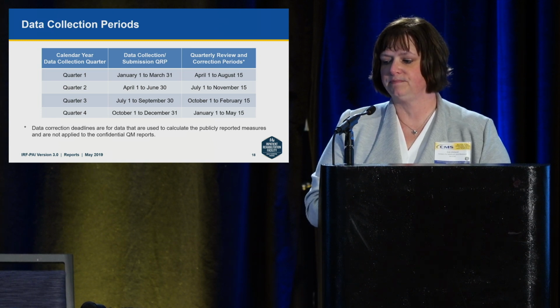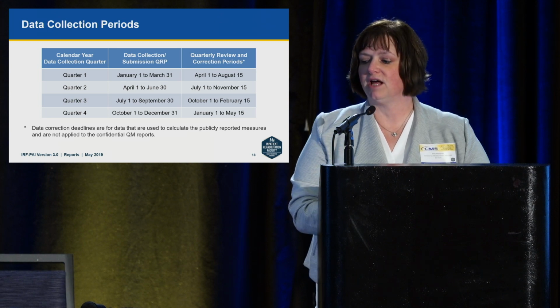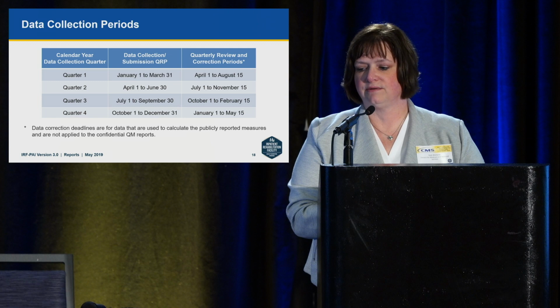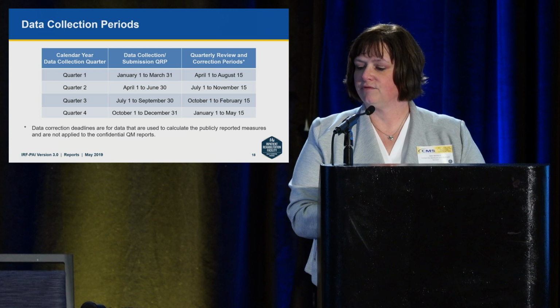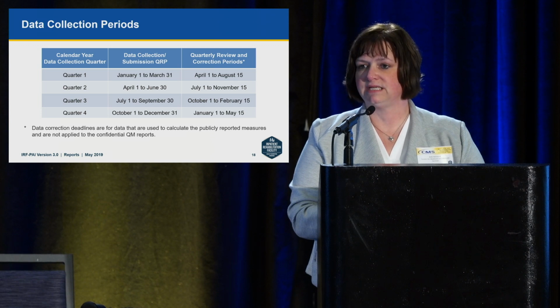For quarter 2, the data for that reporting quarter become available on July 1st, and you have until November 15th to correct those data. For quarter 3, which includes discharge dates July 1st through September 30th, the data become available on the report October 1st, and you have until February 15th to correct those data.